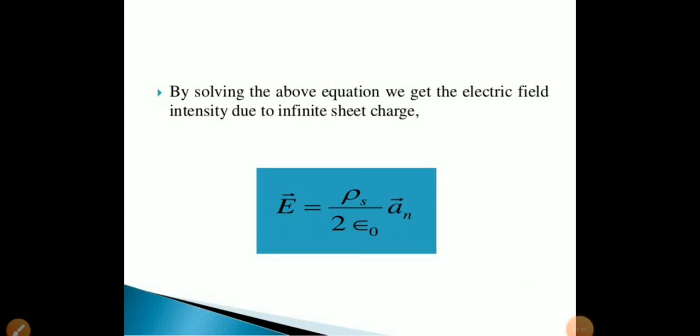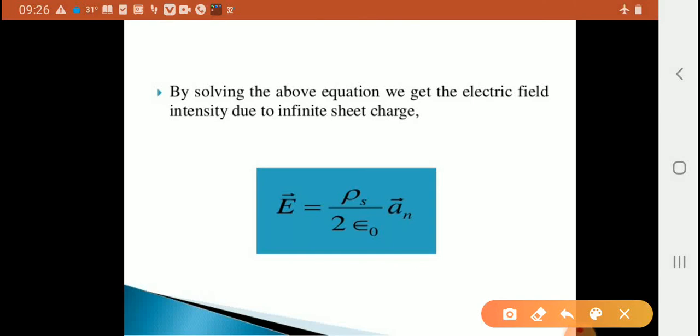The electrical field intensity E is the surface charge density rho s upon 2 epsilon 0 and unity vector of an. This is the equation of electrical field intensity at point P above the xy plane.